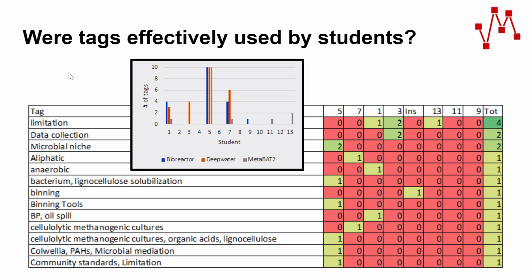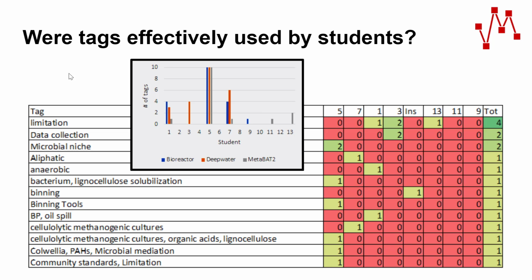Analyzing our crowd layers tabulated data again, we found that half of the students used tags. Student number 5 used tags on their annotations for all of their articles. They were a champion of tagging, in one sense generating 30 out of the total 62 tags. However, when I sorted the tags by frequency and student, student 5 only used one tag more than once, microbial niche.